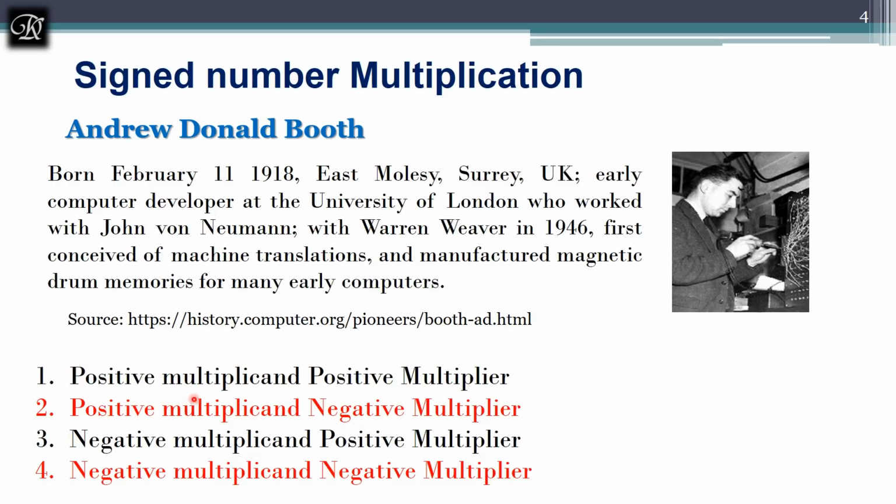One is a positive multiplicand and positive multiplier, which we can even do with the sequential multiplier. But this algorithm even has a solution for both positive operands. The second is the multiplicand is positive and the multiplier is negative. The third is the multiplicand is negative and the multiplier is positive. The last one is both multiplicand and multiplier are negative.